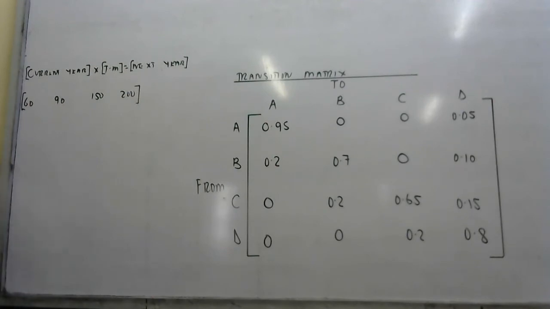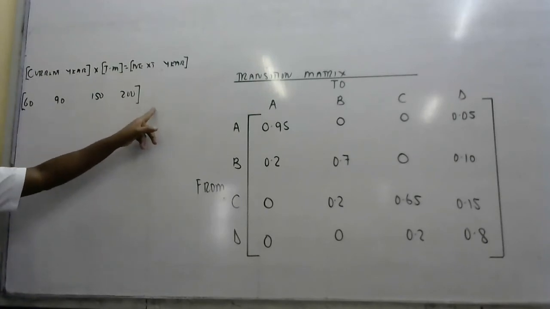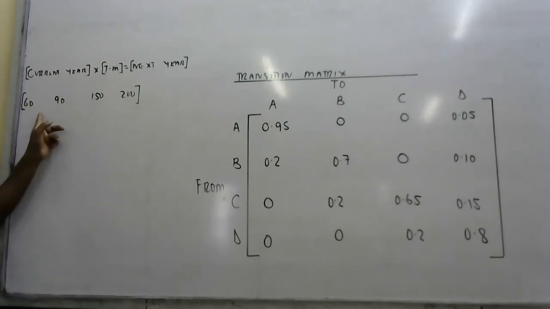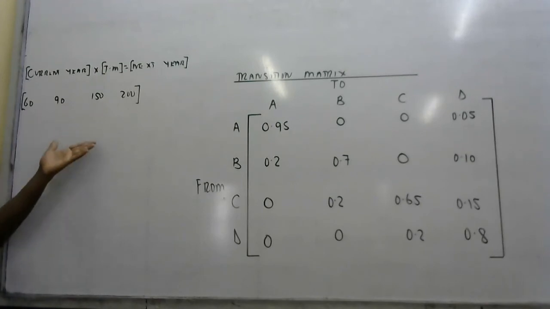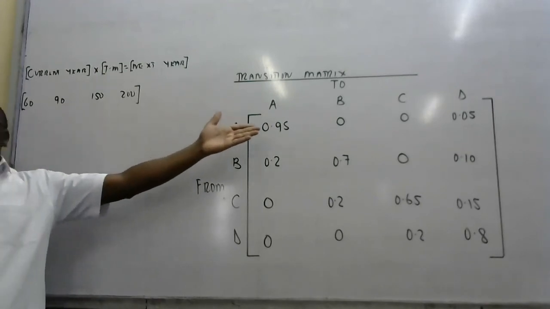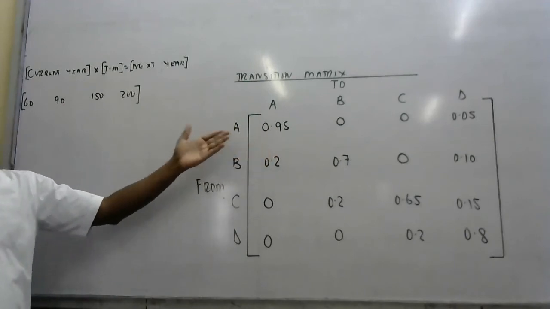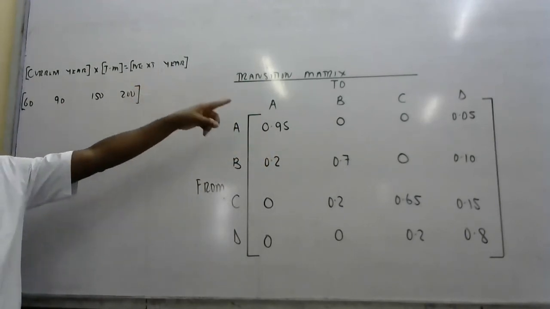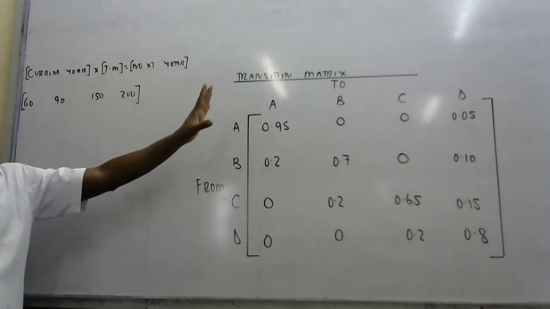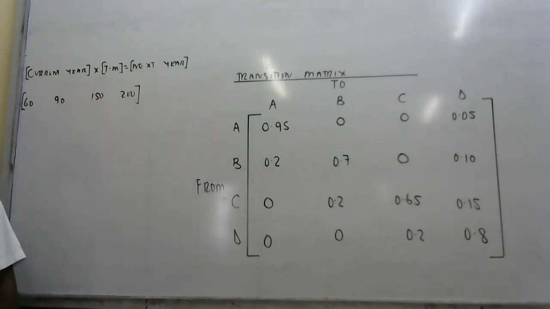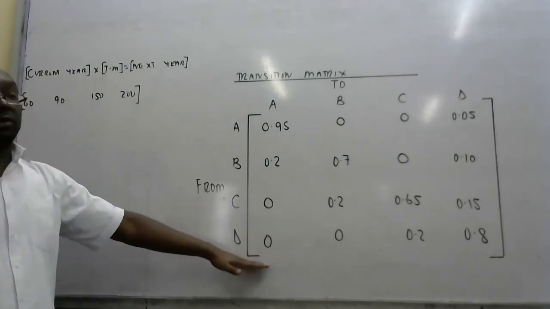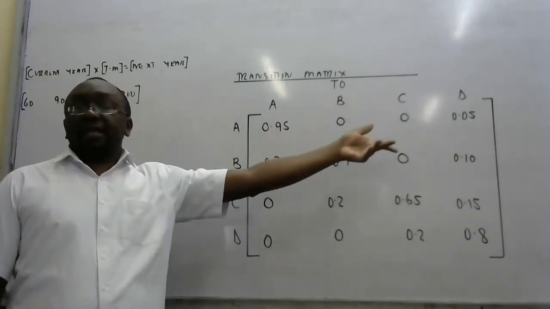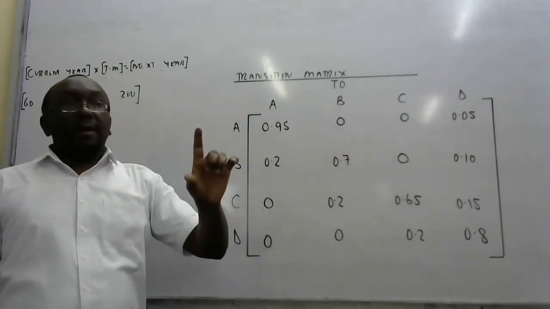If you want to use ratios like the way you are doing in class, you add all of these, then each one you divide by the total, so the answer you get will be ratios. But if you use the whole numbers the way they are, the answer will still be totals. It is the same thing, because once you work with ratios, you will need to multiply by the total to get the whole numbers.